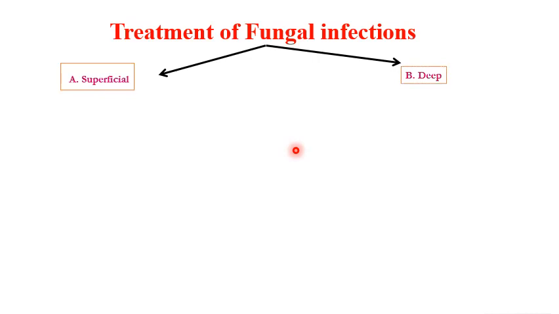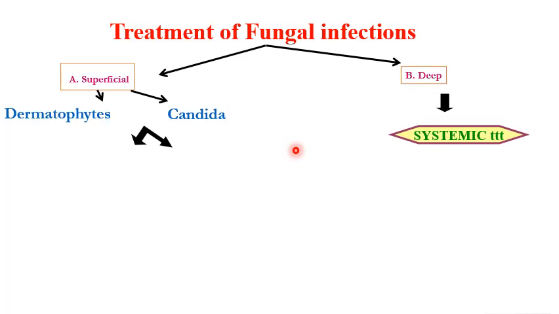We are going now to classify the antifungal drugs. The antifungal drugs can be classified into drugs used to treat superficial fungal infection and drugs used to treat deep fungal infection. For superficial fungal infection, either dermatophytes or candida, and for deep fungal infection, the deep fungal infection of any organ. When we try to treat the deep fungal infection, we have to use systemic medications.